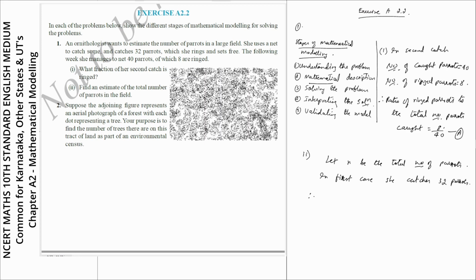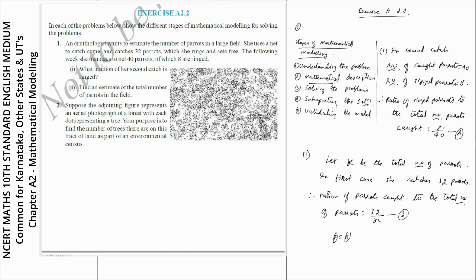Therefore the ratio of parrots caught to the total number of parrots is equal to 32 by x. Now this I'll mark as B. Now A should be equal to B, they'll be proportional. So A is equal to B.